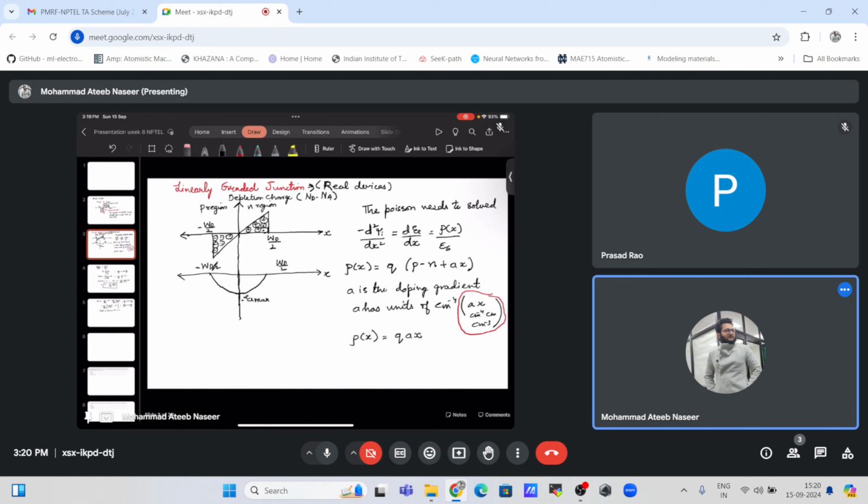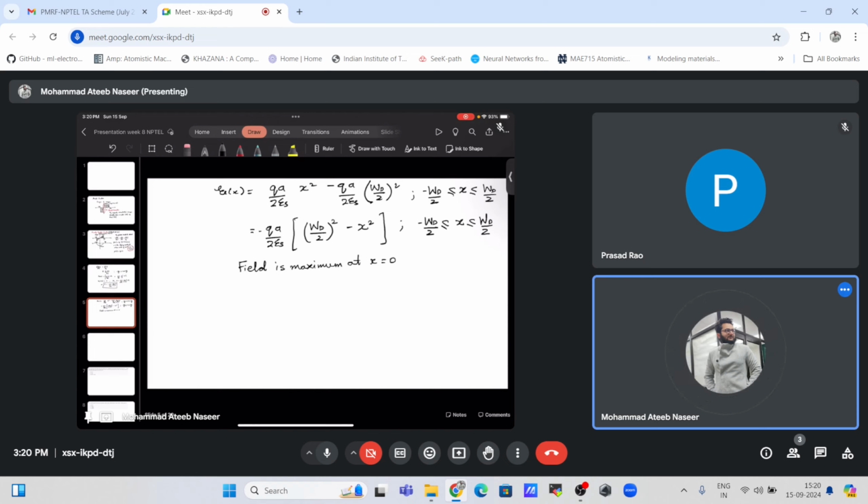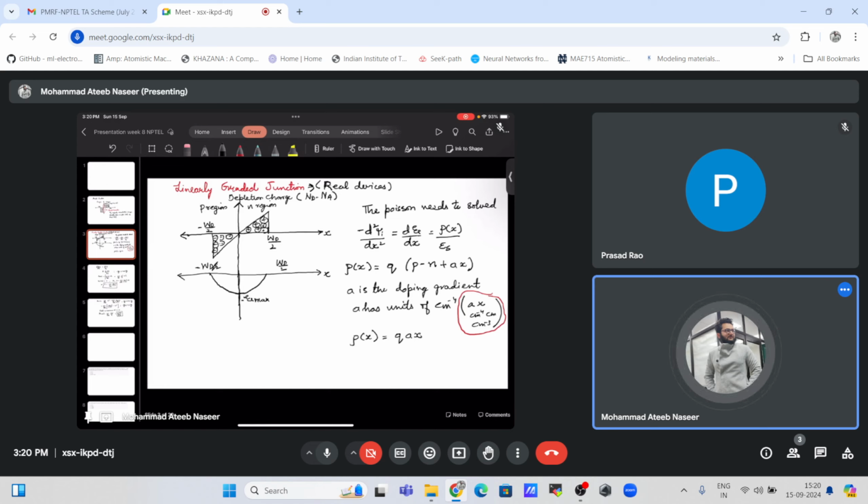It will give me the magnitude of the maximum field, and it will be simply qa by 2 epsilon s times Wd square by 4, or simply qa Wd square by 8 epsilon s, with a minus sign.